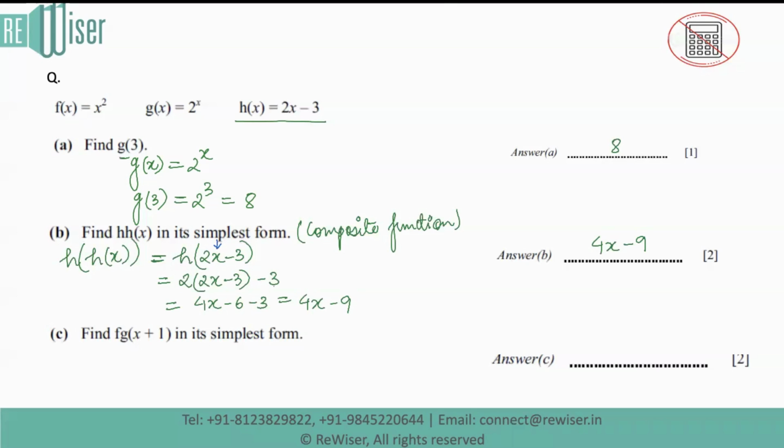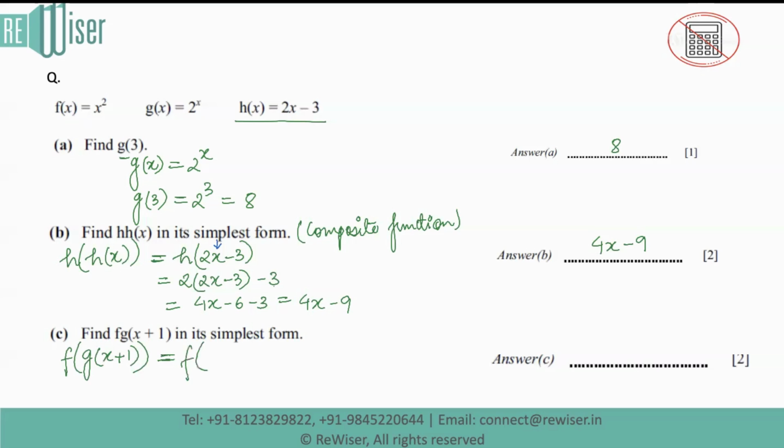Moving on to the third part of this question, again we have composite function question, where first of all we have f of g of x plus 1. If we see it carefully, the input of function f is g of x plus 1, and the input of function g itself is x plus 1.